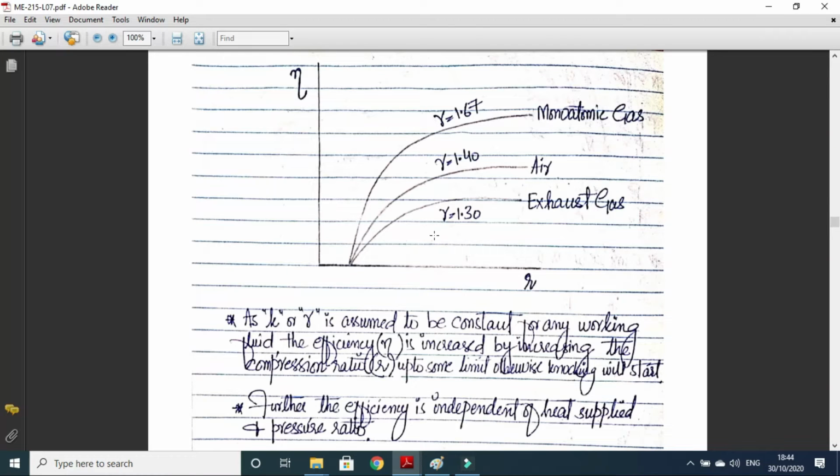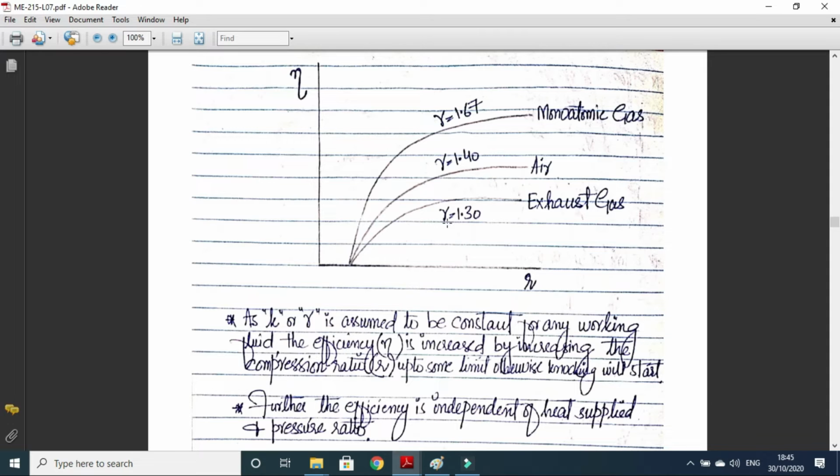So if we plot the efficiency as a function of compression ratio, we can see that the efficiency is increasing if compression ratio is increasing. In the start it increases rapidly, then it increases slowly. Similarly, if we plot the efficiency for different k values, in the book k is represented by gamma.